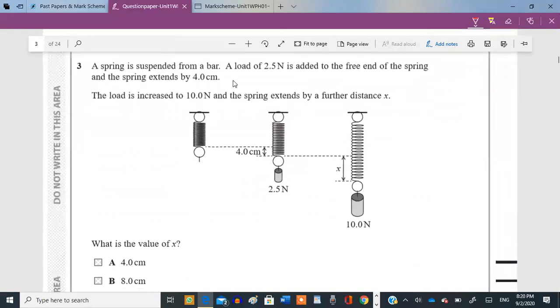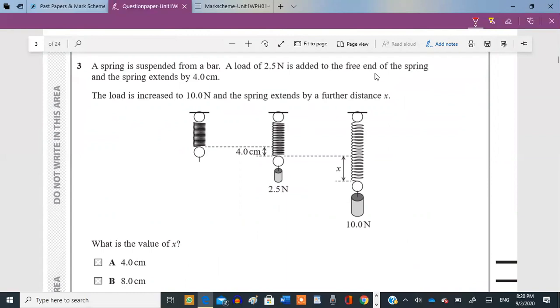A spring is suspended from a bar. A load of 2.5 Newton is added to the free end of the spring and the spring extends by 4 centimeters. The load is increased to 10 Newton and the spring extends by a further distance of X. What is the value of X?